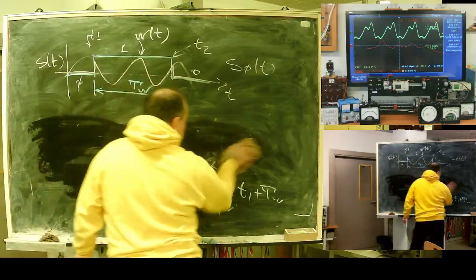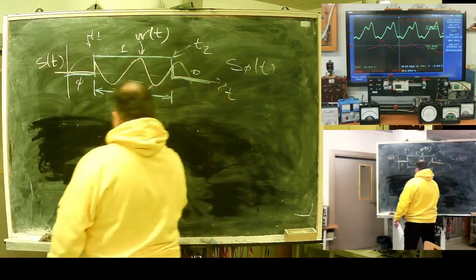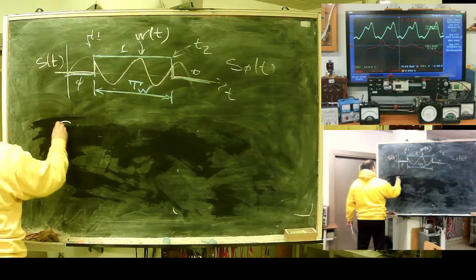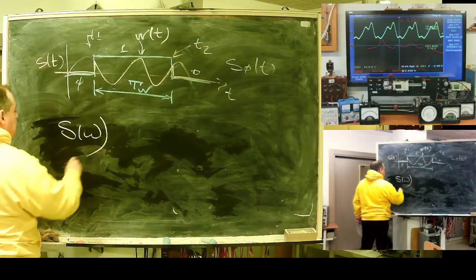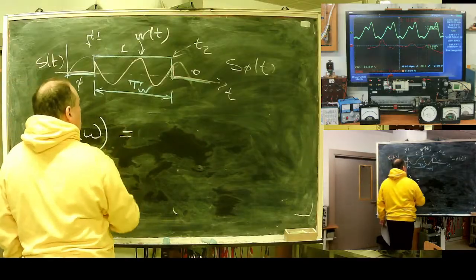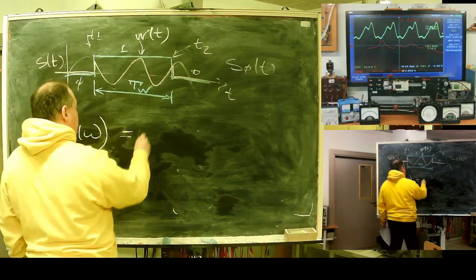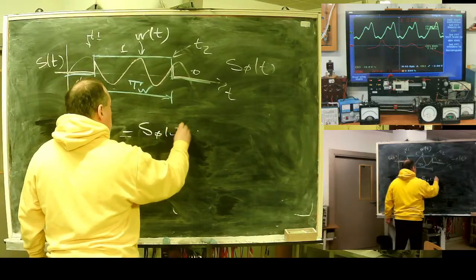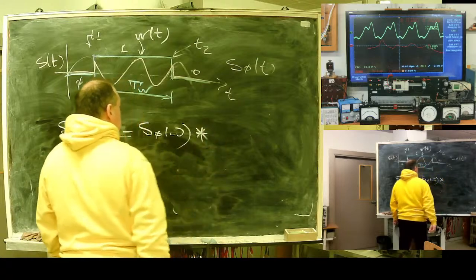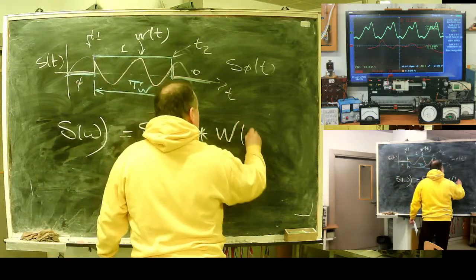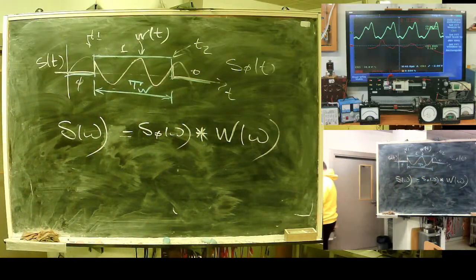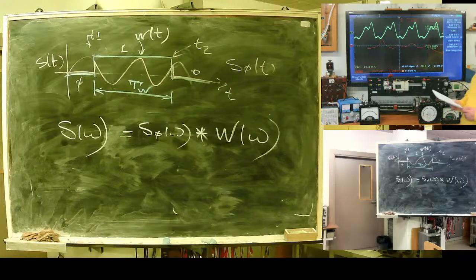If you remember the theory of Fourier series, the resulting frequency representation of the red signal will be a convolution of my white signal and the Fourier representation of the window function.